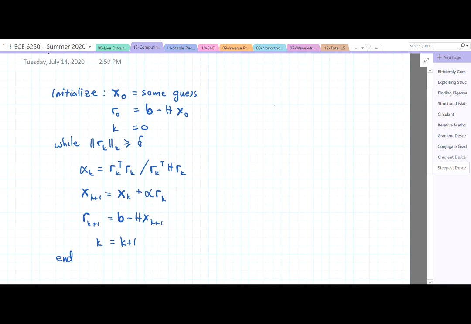And so we can simplify the computation a little bit by noting that rk plus 1 is equal to b minus H xk plus 1, which is equal to b minus H times xk plus alpha k rk, which is just rk minus alpha H rk.